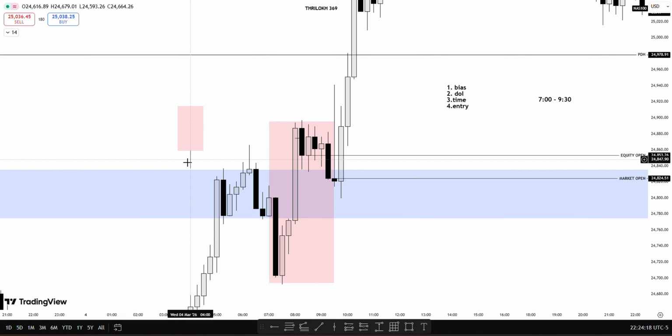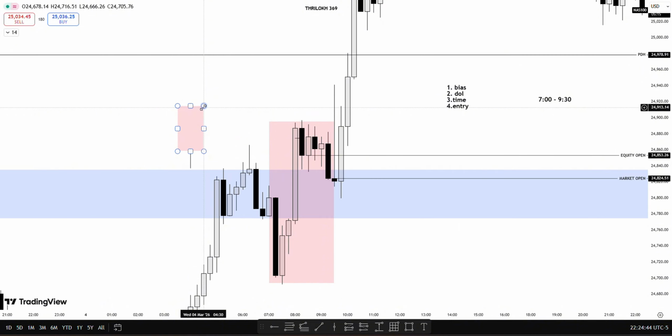That's what everyone says: the wick does the damage and the body tells the story. The wicks are the smart money. The smart money opens here when it's a bullish day. The smart money creates a low, accumulates, takes their pending orders and moves up. That's what the market does every single day.